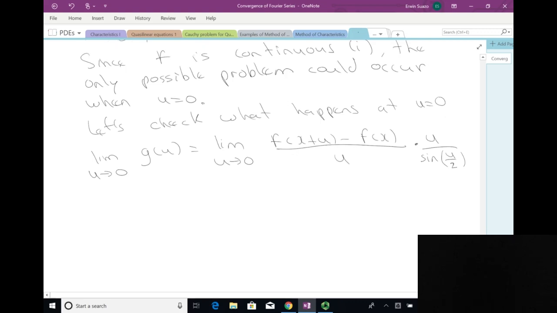So we check if this limit exists and this limit exists, the limit is the multiplication of the two limits. The first limit exists because this is f of x plus u minus f of x, over x plus u minus x. Sorry, not u, but x.